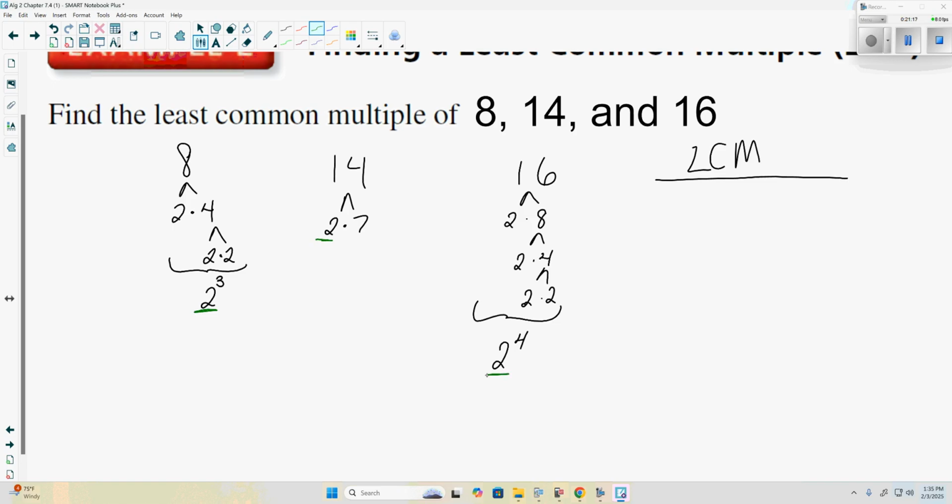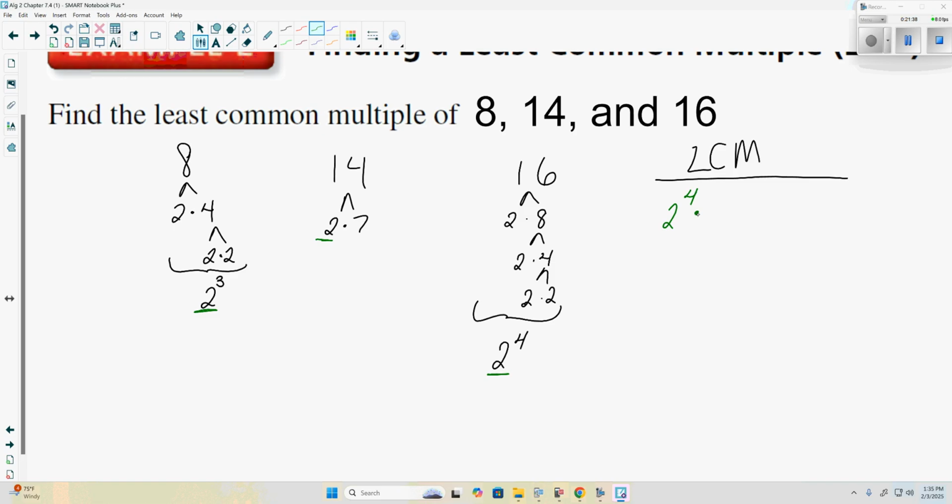And for 16, how many 2's do we have? 4. So we look at all of them with their factors of 2, and whichever one has the most, that's how many 2's we take. So 16 had the most at 2 to the 4th. So for our least common multiple, I know I'm going to need four 2's.